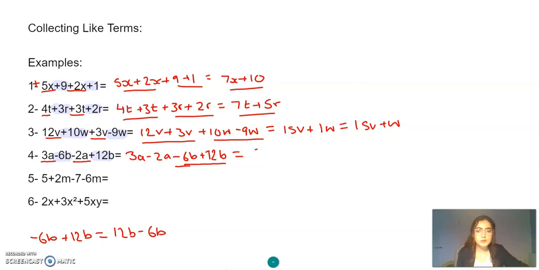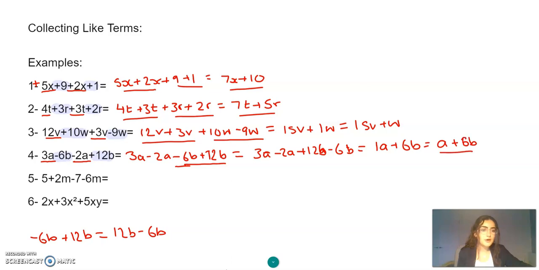So we'll rewrite it again. 3a minus 2a plus 12b minus 6b. So that leaves us with 1 positive a plus positive 6b, or just a plus 6b. All those look very similar. Alright, and that's our final form.